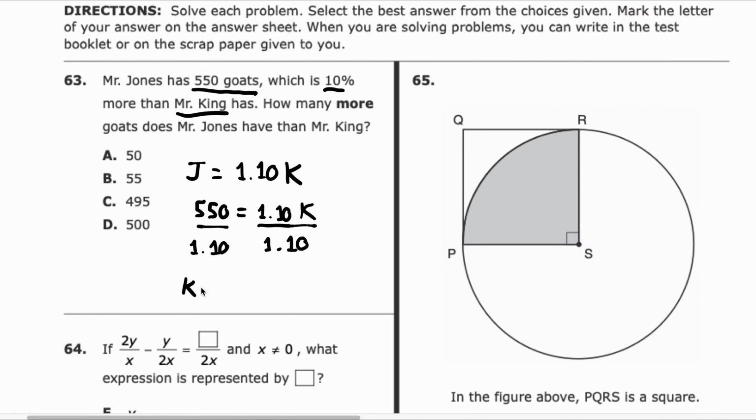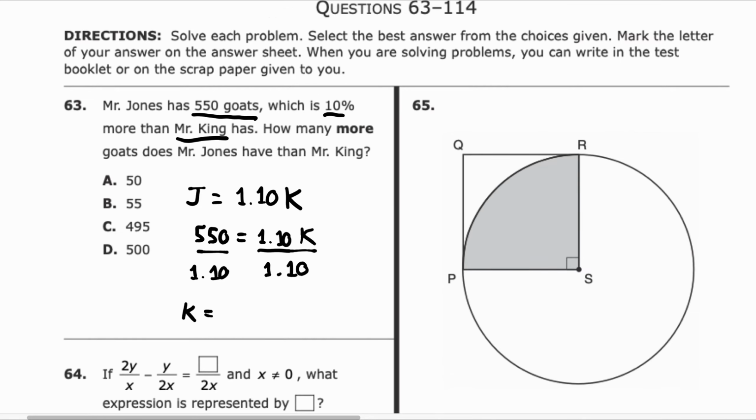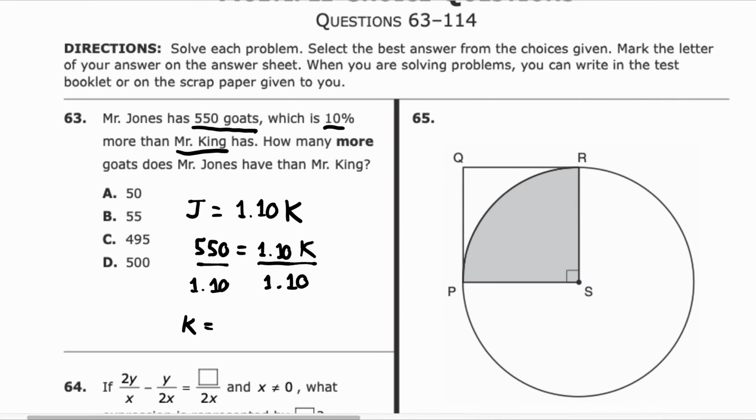So that would be, let's see, are you allowed a calculator on this section? I'm going to assume not. Okay, so 550 divided by 1.10, how could we do that? We can multiply the numerator and denominator by 10, right? So that would be the same thing.